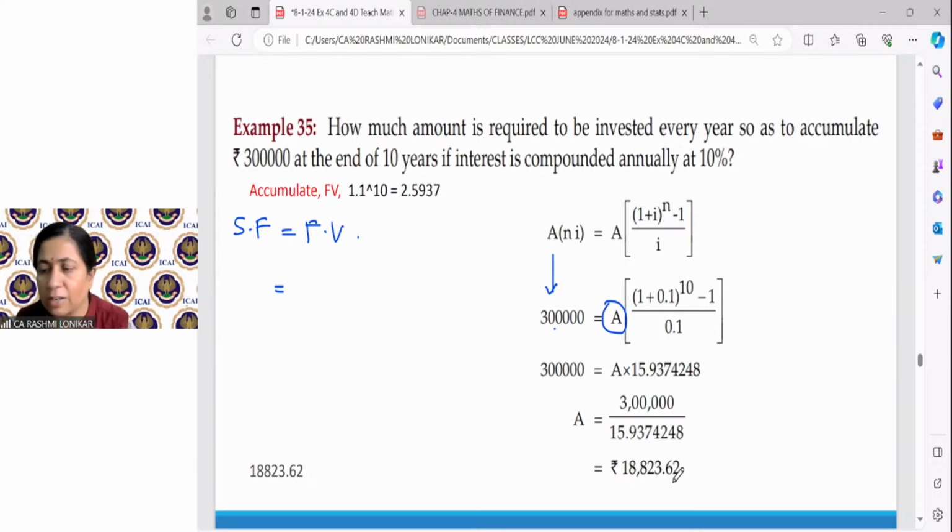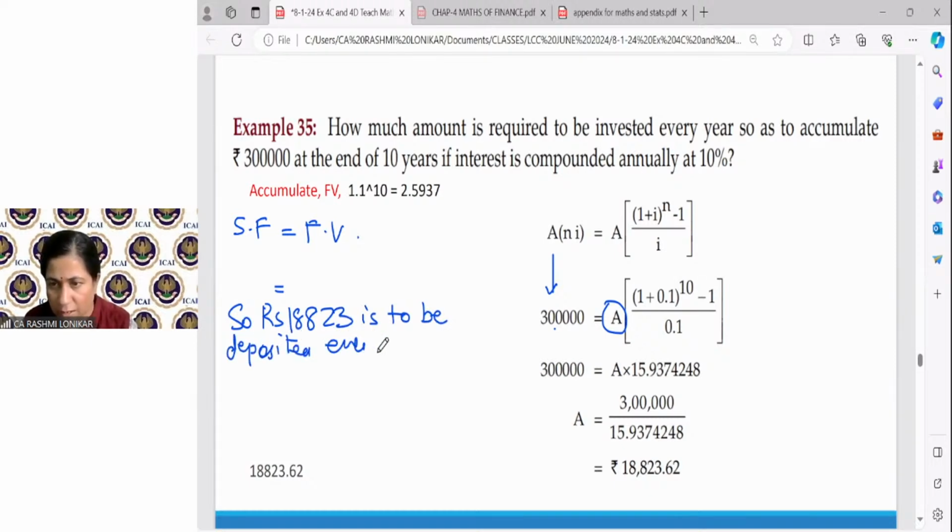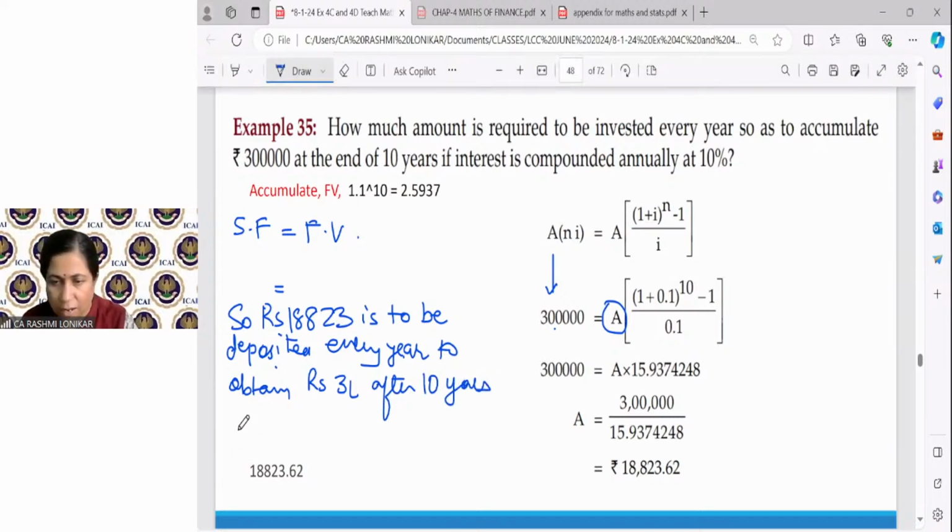So when I deposit every year, rupees 18,828 is to be deposited every year to obtain rupees 3 lakhs after 10 years at 10% rate.